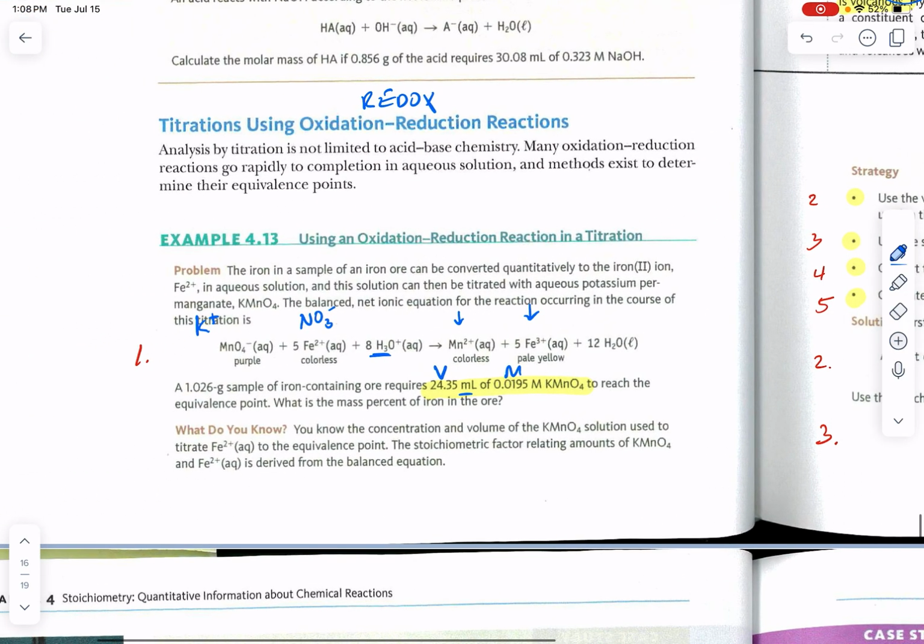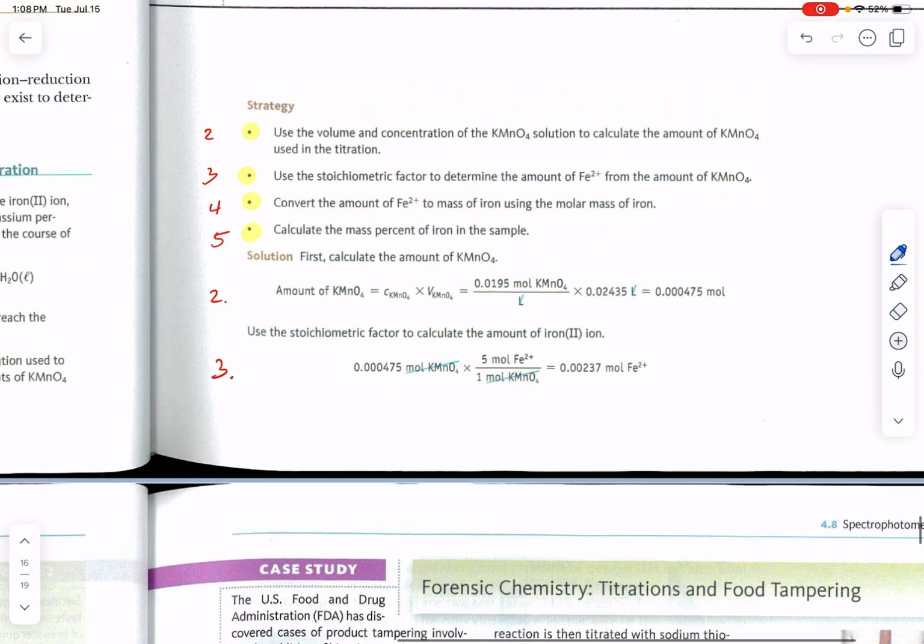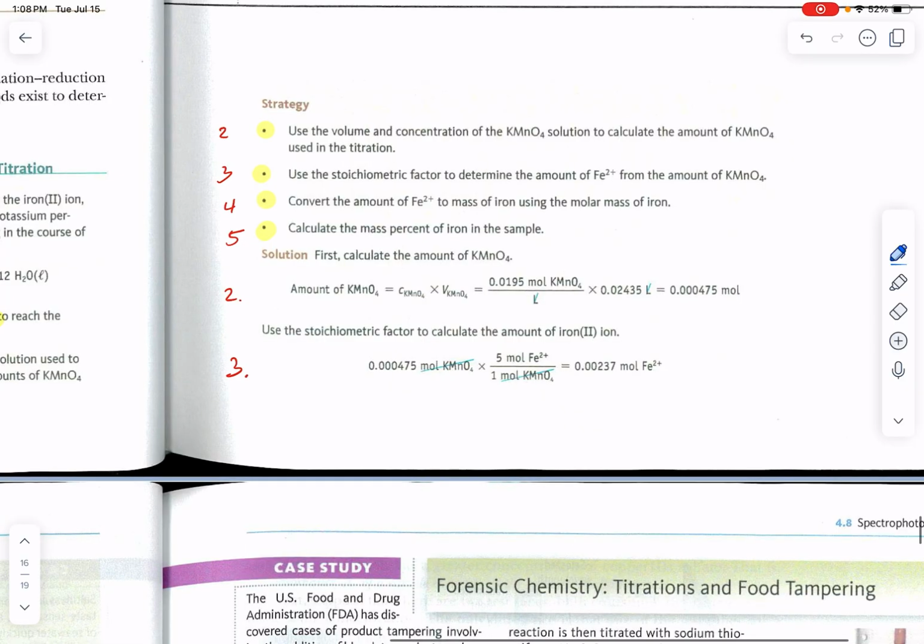So back to our redox reaction, which I introduced a moment ago. Let's take a look at the steps here. After we write the balanced equation, we are going to do what I've said many times now. We're going to multiply the molarity times the volume together in order to get our moles of the permanganate ion.